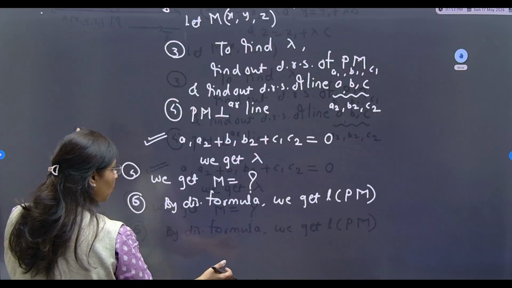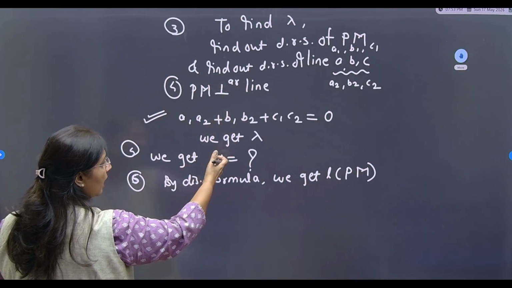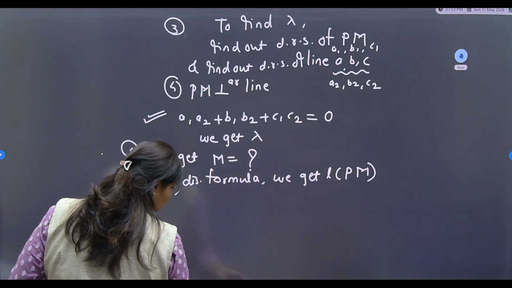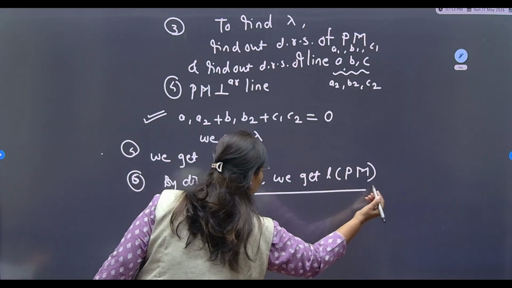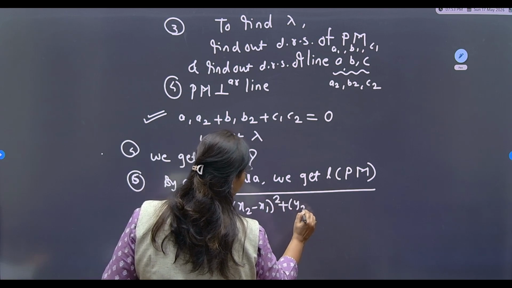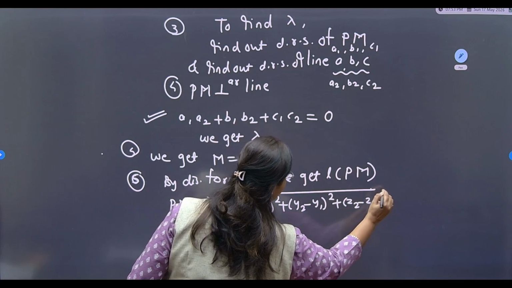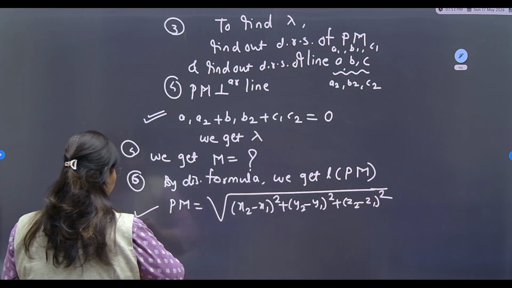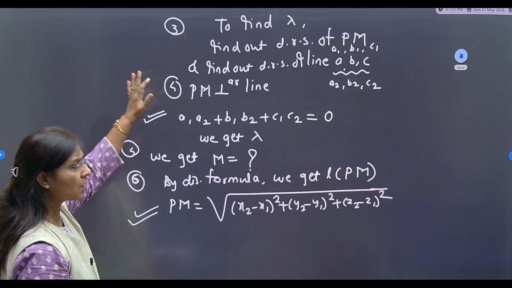If the coordinates of P are x1, y1, z1 and M are x2, y2, z2, then by the distance formula PM equals the square root of x2 minus x1 whole square plus y2 minus y1 whole square plus z2 minus z1 whole square. We get the length PM. Distance formula.